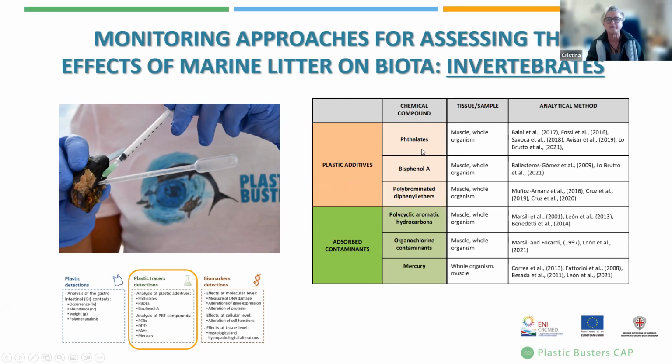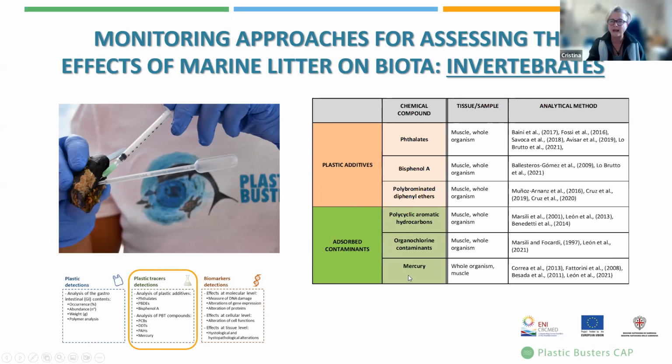If you want further detail on the methodology, you can find a deeper methodological approach in all the links that we have already given you during the presentation. The other class of plastic tracers are the absorbed contaminants, such as polycyclic aromatic hydrocarbons, organochlorines, and even mercury.